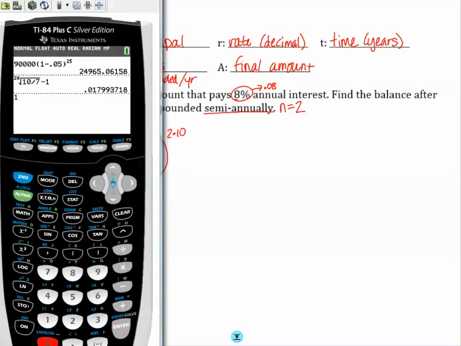We have 1,000 times 1 plus, I'm going to use my fraction button, 0.08 over 2, to the 2 times 10.